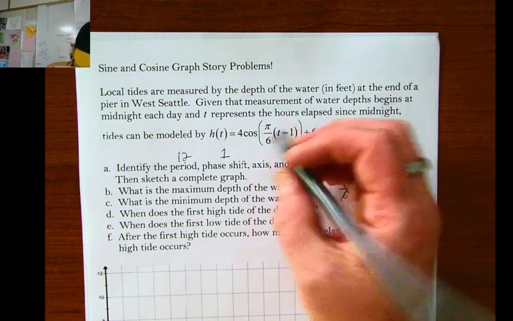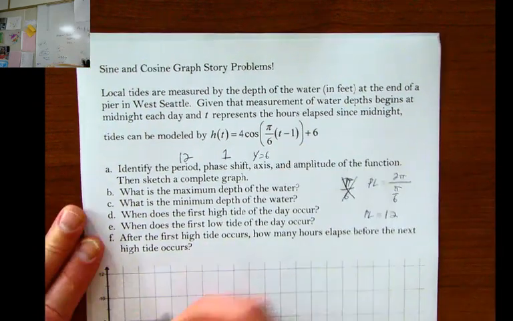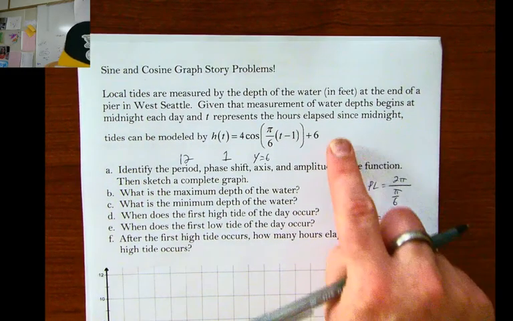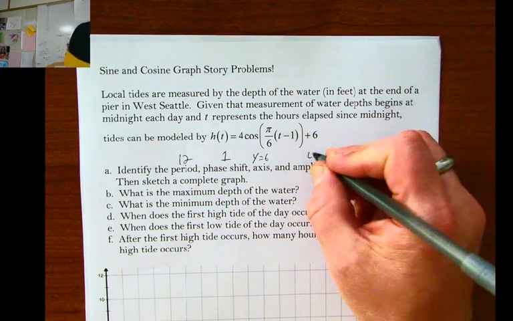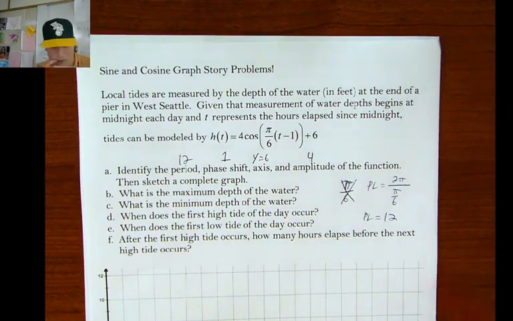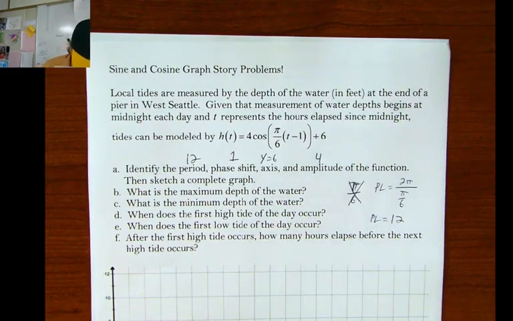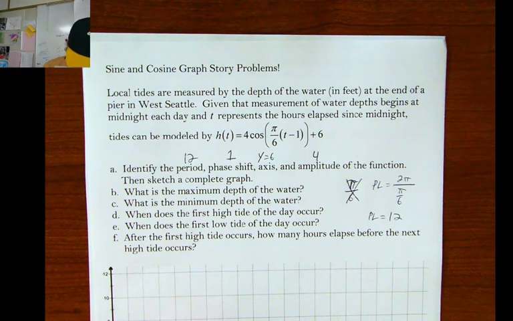The axis, we have an axis at y equals 6, and while I'm at it, why not just go to 6 and put in my dotted line now. Amplitude, there's a 4 in front, so 4, and then sketch a complete graph. So I'm going to start at 1, which is right here. Let me mark up my graph a little bit more.